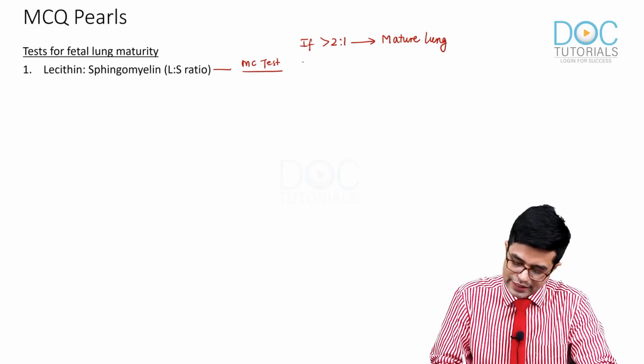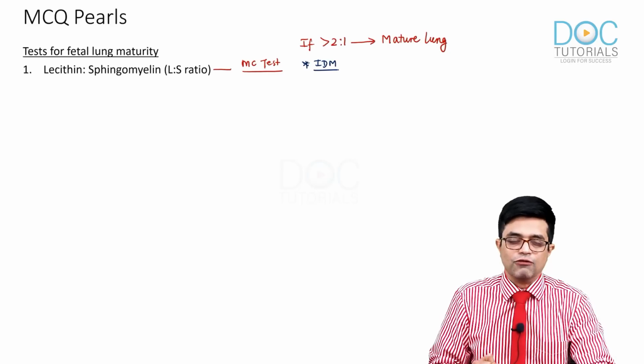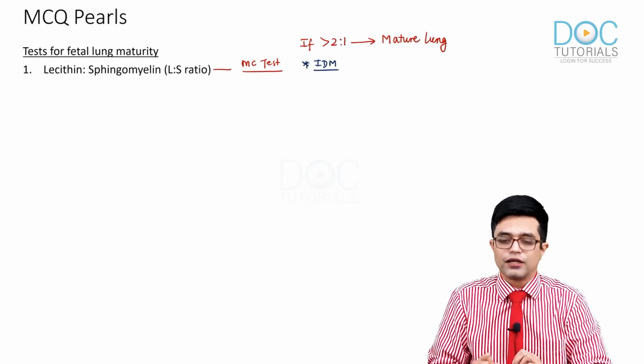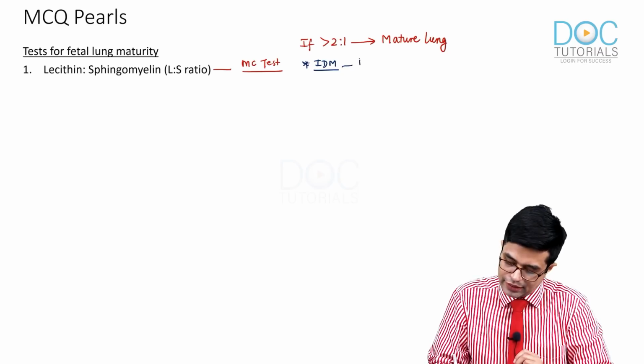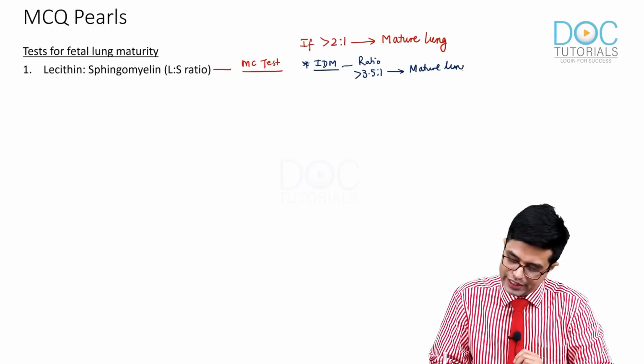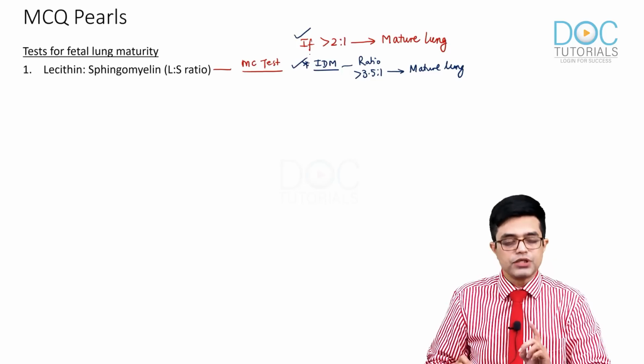So if the question says the mother has diabetes, what cutoff of LS ratio will indicate lung maturity? In IDM, a ratio more than 3.5:1 indicates a mature lung. So these are the 2 points you need to remember for the MCQ entrance exam.